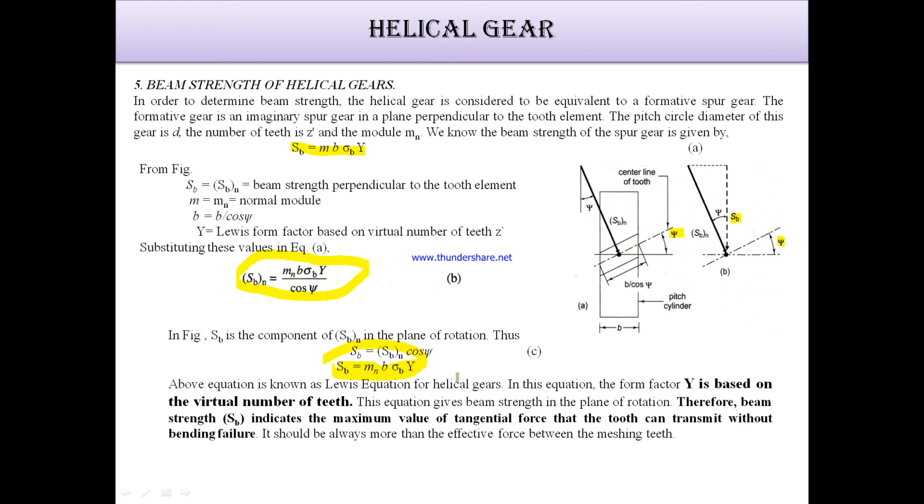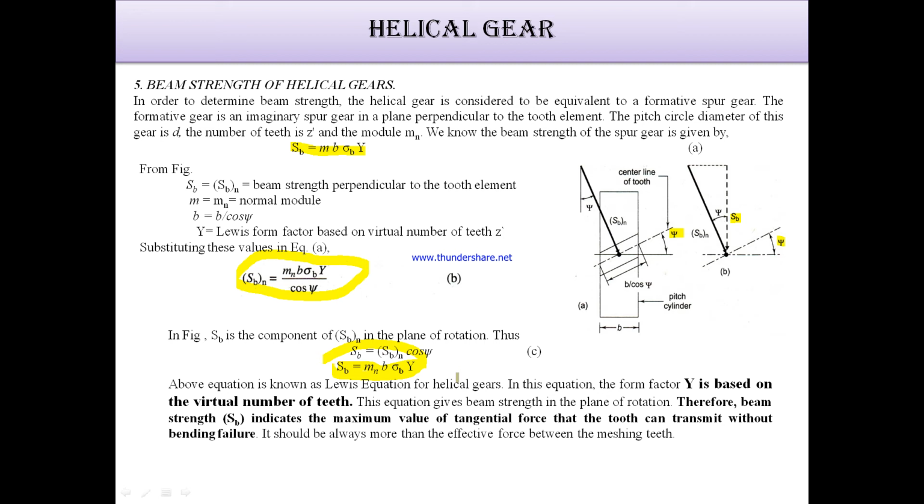Y is based on the virtual number of teeth. By solving the numerical we will understand how we are going to use the Y value and how we are going to find the Lewis factor in that case. Therefore, the beam strength indicates the maximum value of tangential force that a tooth can transmit without bending failure.